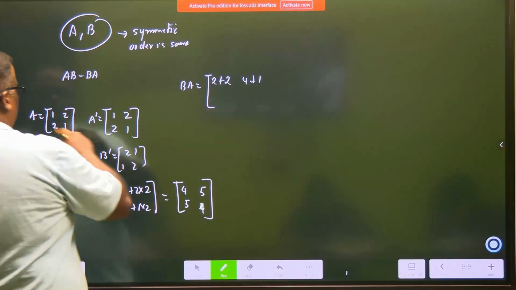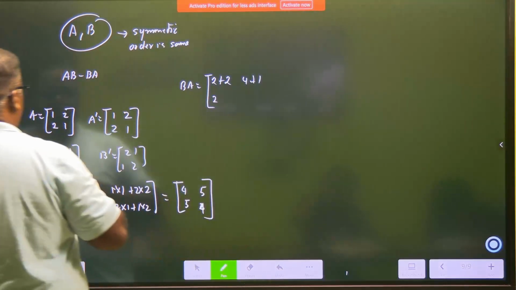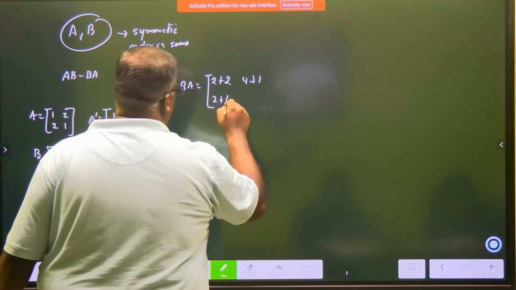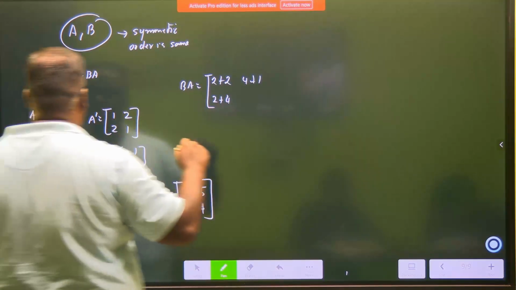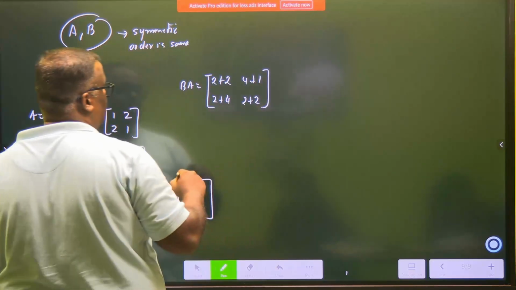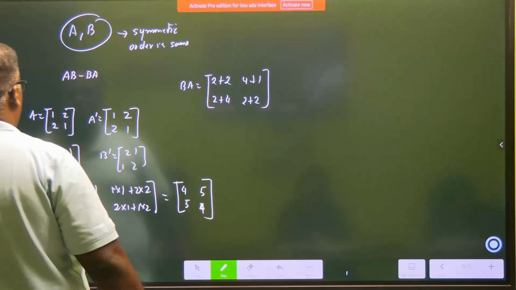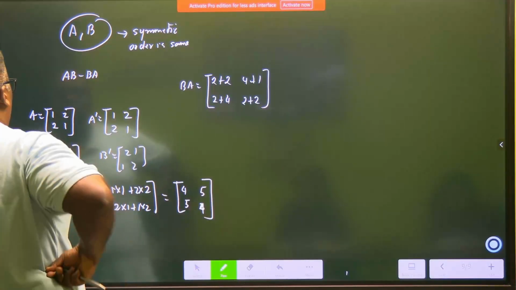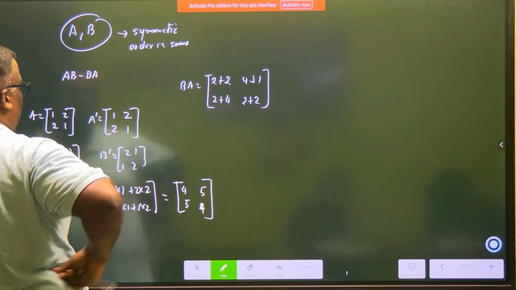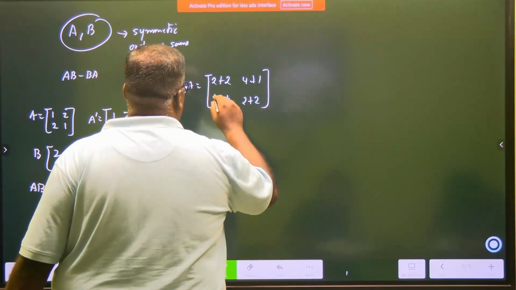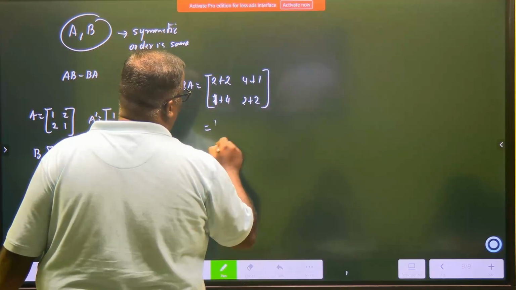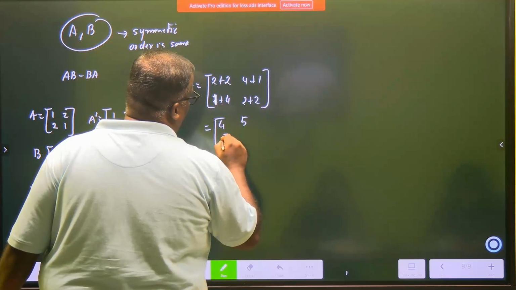Then 1 into 2 is 2 and 2 into 2 is 4. And then 1 into 2 is 2 plus 2 into 1 is 2. Row 1 into 1 is 1, plus this. Okay, fine. So this gives me 4, 5, 5, 4.